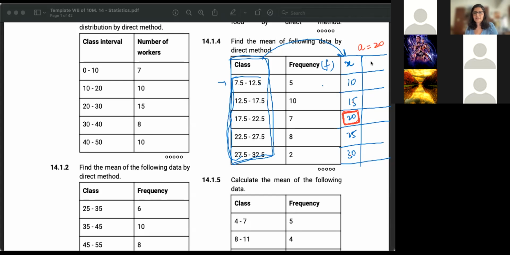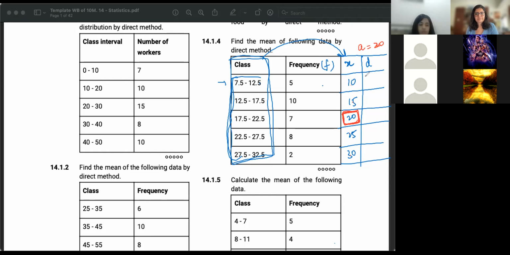For fi di you need di. Deviation is the difference between the assumed mean and each class mark. So that would be xi, 10 minus 20. What will the first deviation be? -10. Yes. Next one also, subtract it. Fill out the values.